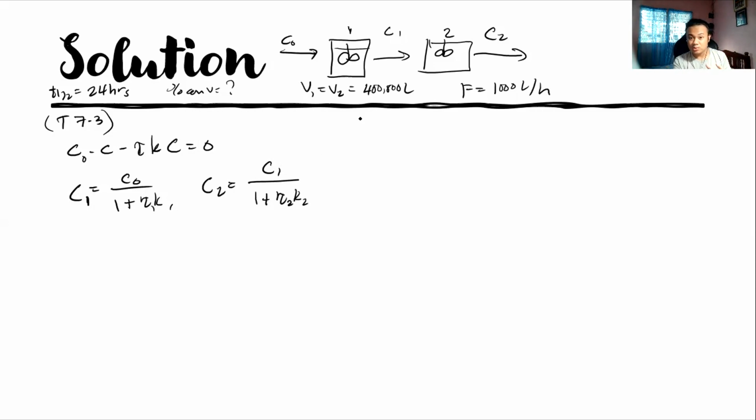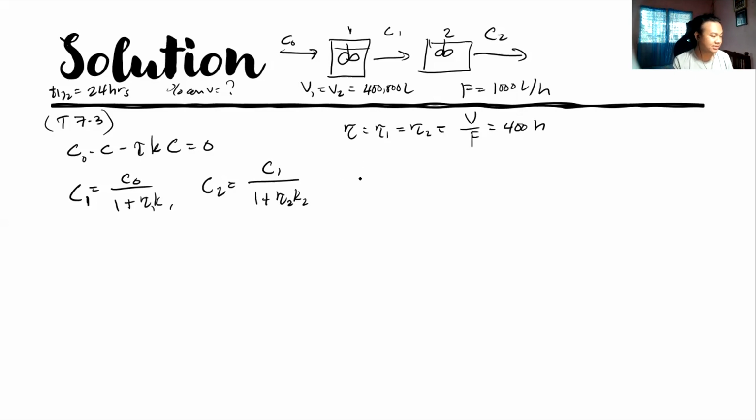But we know that the flow rate for both is the same, meaning tau 1 and tau 2 are equal, which is just V over F. 400,000 divided by 1,000, you have 400 hours. So 400 hours is the space time.